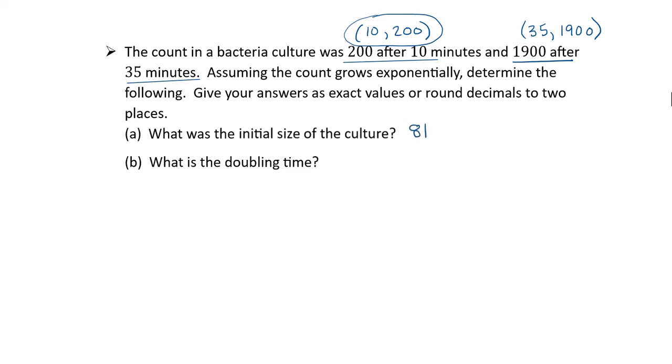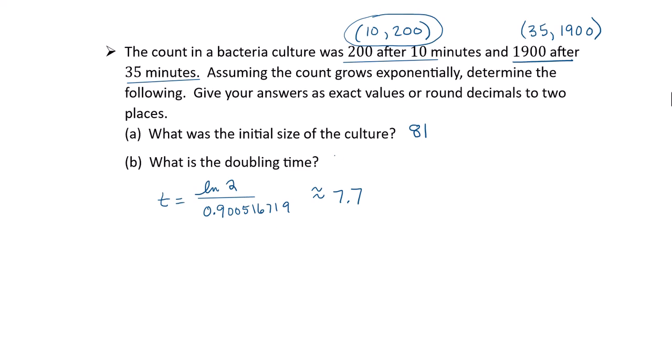What is the doubling time? Well, we know that the doubling time is going to be the natural log of 2, and we divide that by the k value that we just found. And when I put that into the calculator, I get approximately 7.7.